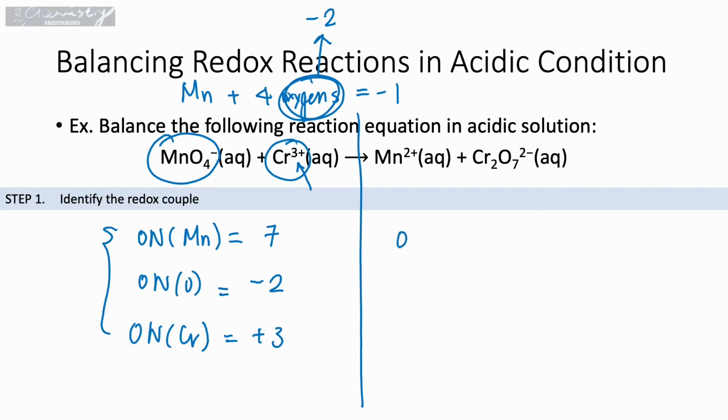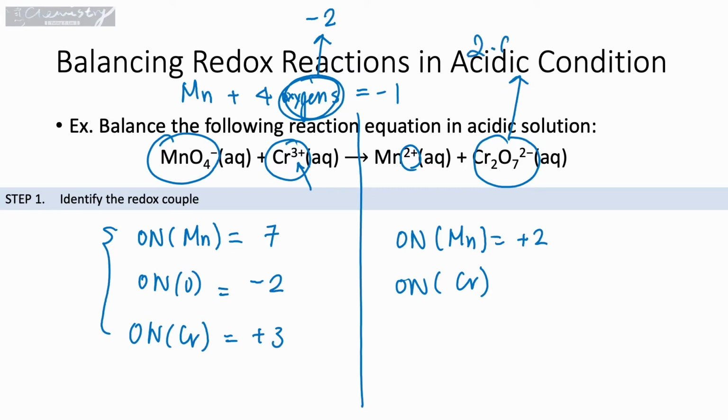On the right side, the oxidation number of manganese, since it's a monoatomic ion, is +2. For chromium, since 2 chromiums plus 7 oxygens add up to -2, we can calculate chromium to be +6 and oxygen again to be -2.